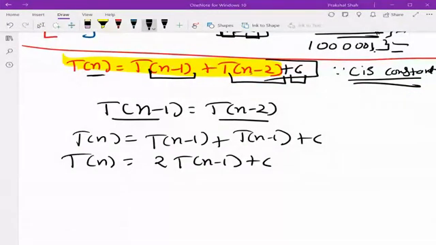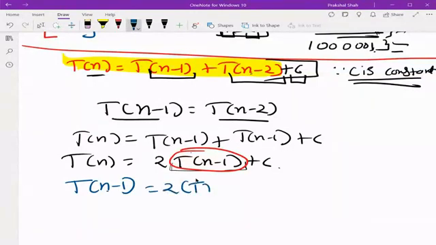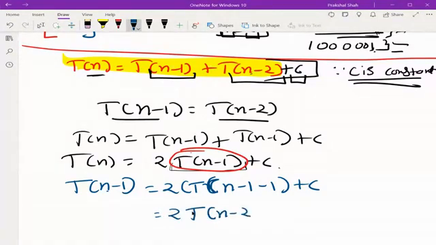In your equation, you have this T of n minus 1 here, so you need to find this n minus 1. If I put n minus 1 in place of n, it will be nothing but 2 T of n minus 2 plus c. This is what my equation would be for n minus 1.